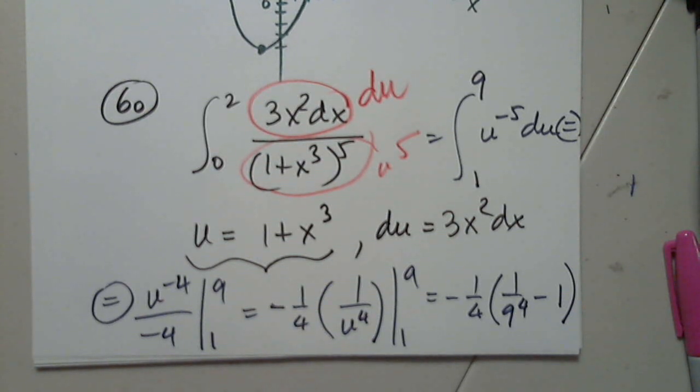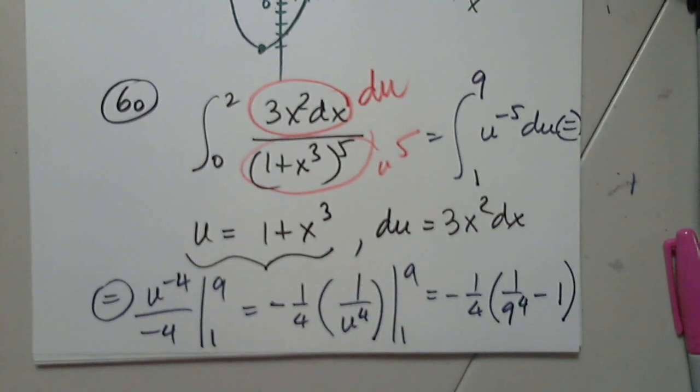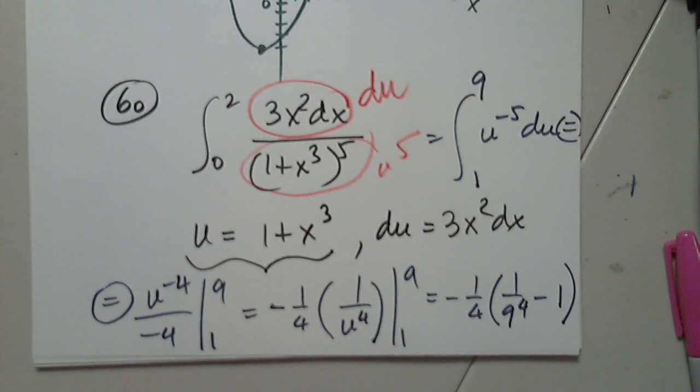There was a question like this on the exam, but remember that I think it was like 9x squared dx, and it had like in the bottom 1 plus 3x to the third. Would it have been correct to now find the derivative?